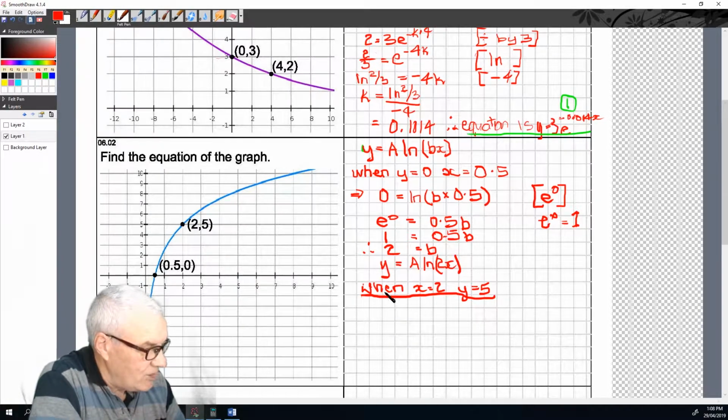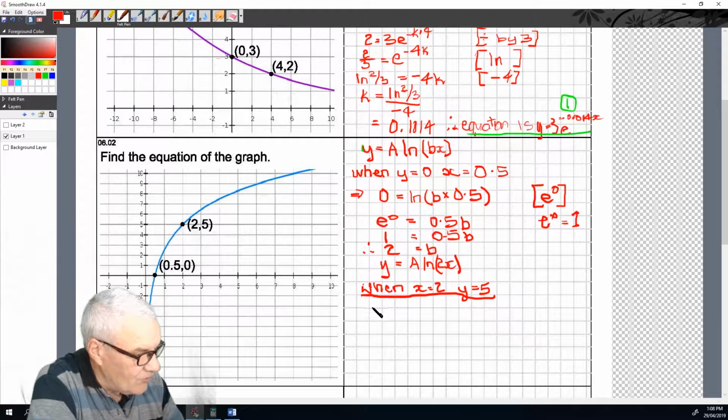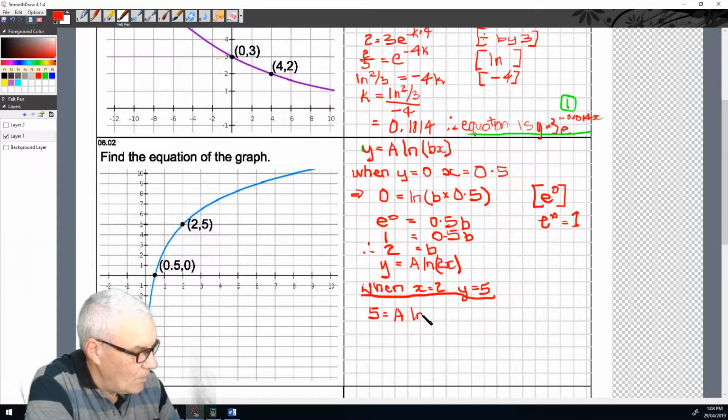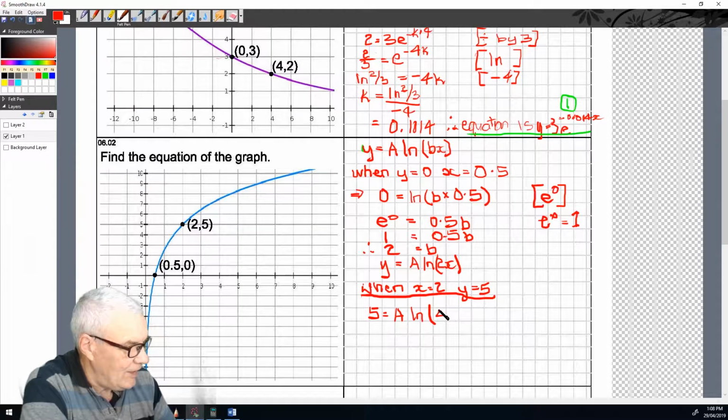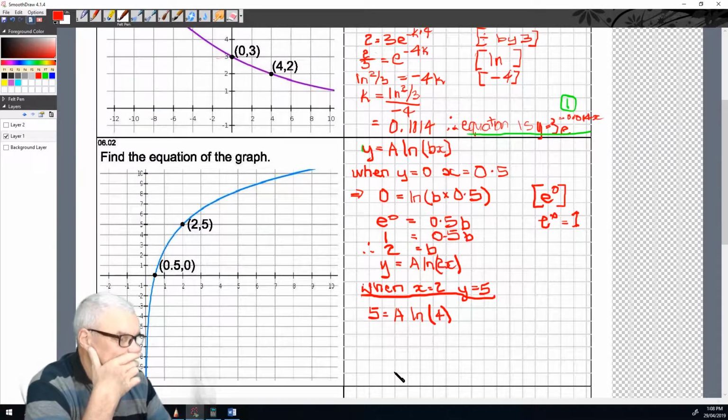Okay, so we can start filling in. So y is 5, and that equals a ln of 2 times x, and 2 times 2 is 4. Now ln 4, that's just a number. We can go on to our calculator and work that out.